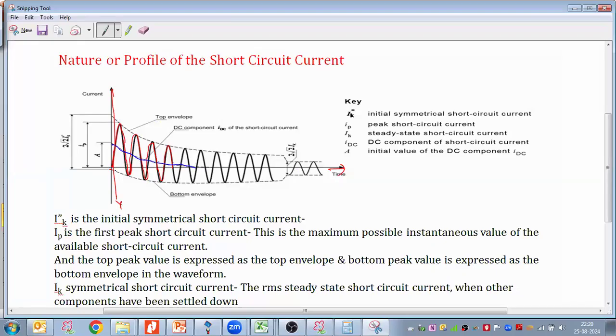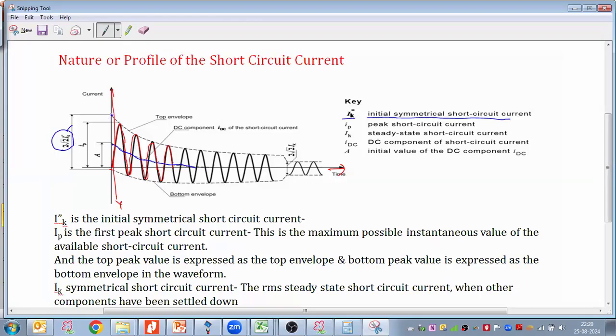So here when the fault is occurring, this 2 into Ik double dash is indicating the initial symmetrical short circuit current. Ik double dash is the initial symmetrical short circuit current.